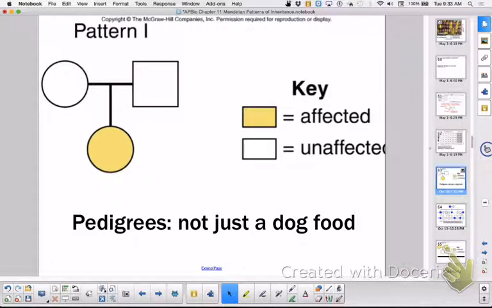Now, knowing what you know about dominant and recessive, if you were a geneticist consulting this family, and this is how it played out, would you predict that this is an autosomal dominant disease or an autosomal recessive disease? And what is your evidence? How would you support that claim? Discuss.